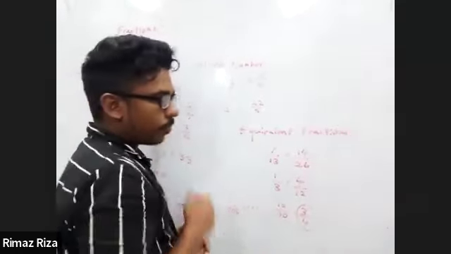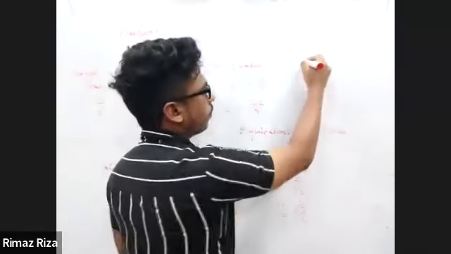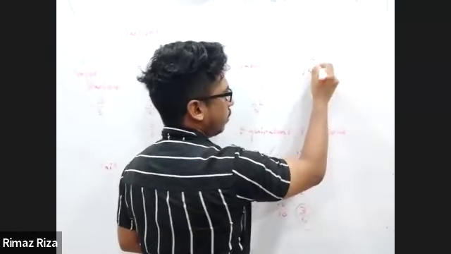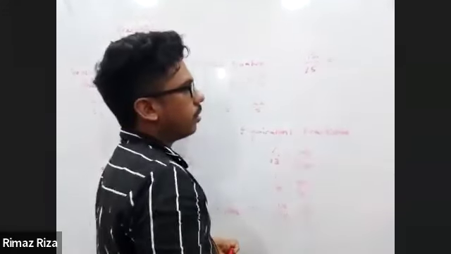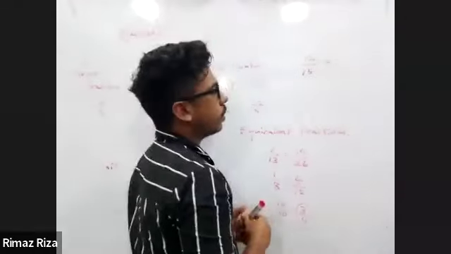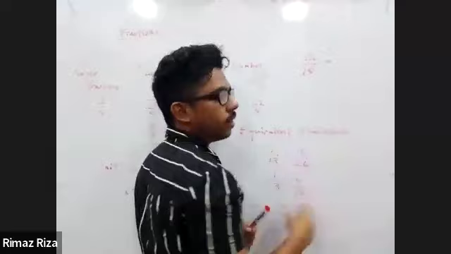To write in the simplest form, for example, let's say 12 over 15. If you want to write the simplest form of this, we first want to find the highest common factor. The highest common factor of 12 and 15 is 3.